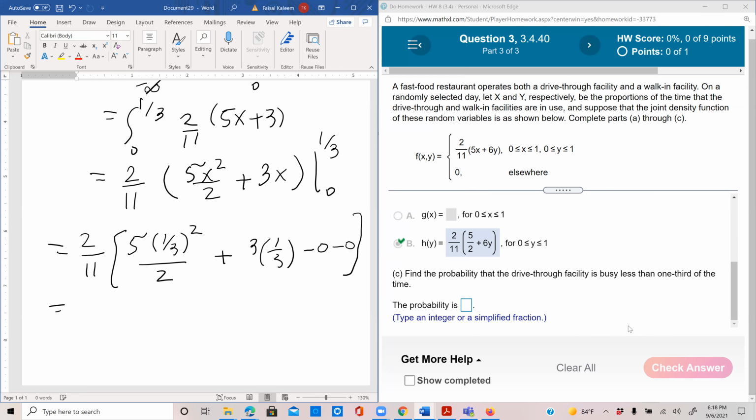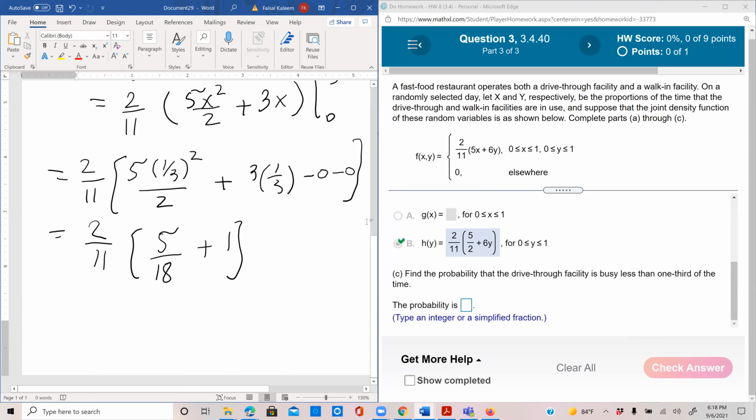So this simplifies, they want a simplified fraction, so we should be doing it without a calculator. So 2/11, and then this is 5/9 times 2 is 18. And this is a 1. So let's see. So 5/18 plus 1 is 23 by 18. So 2/11 times 23 by 18. 2 goes into 18 nine times. So that's 23/99.